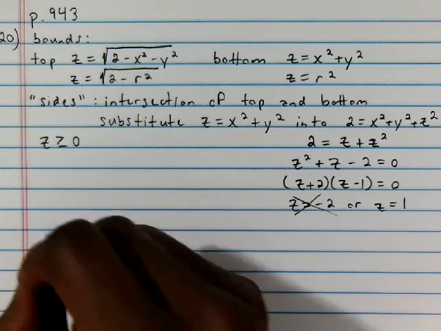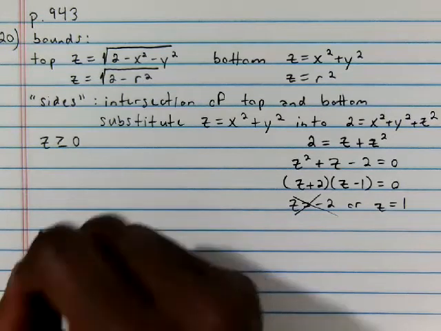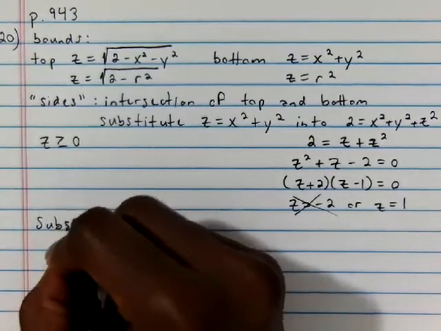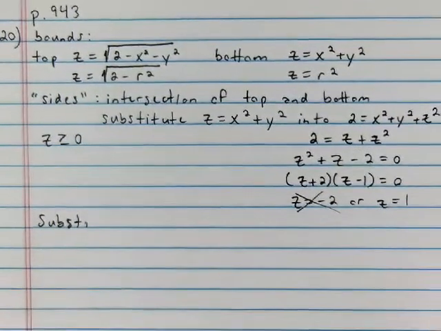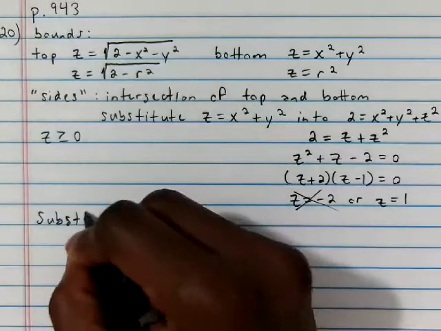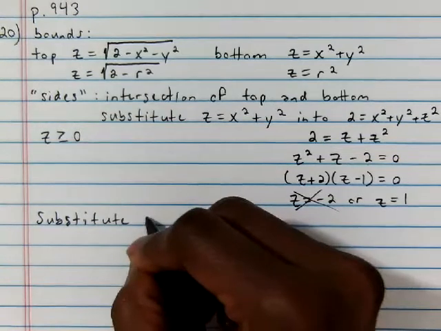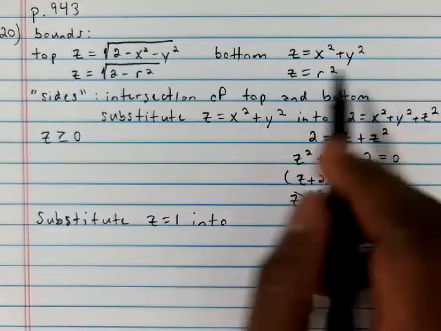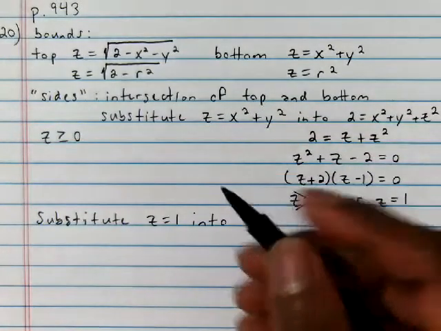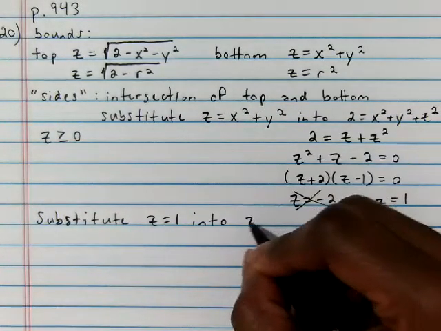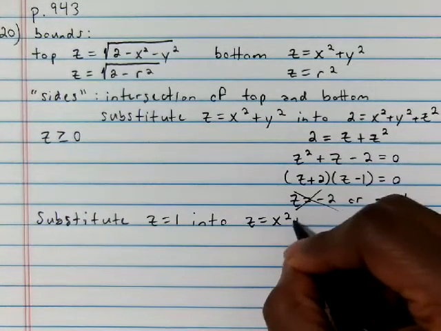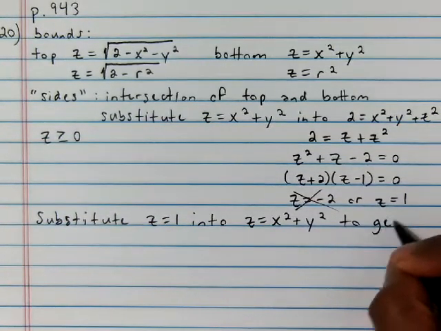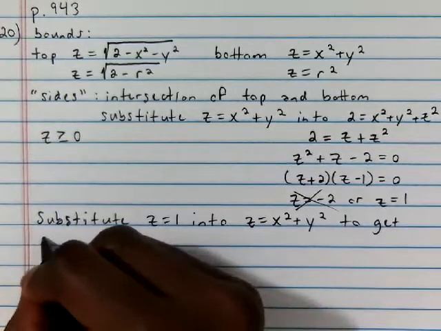So we're going to substitute z equals 1 into either one of those equations. It doesn't matter which one, but it's easier, of course, here. Z equals x squared plus y squared, to get x squared plus y squared equals 1.